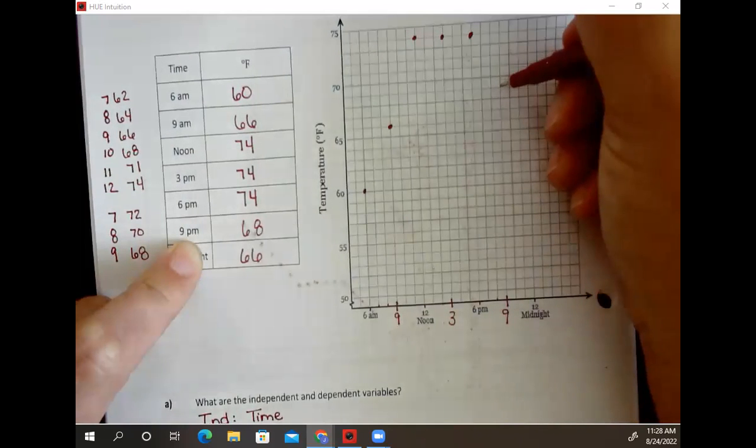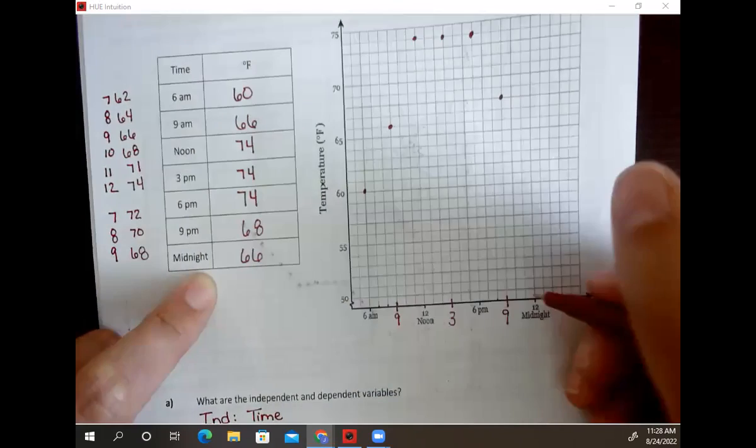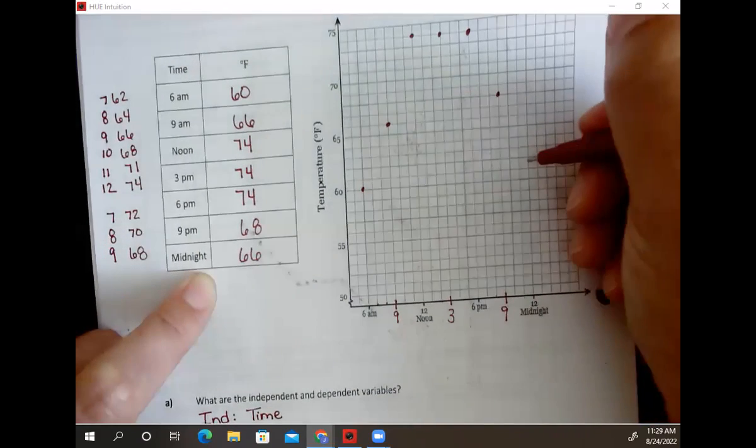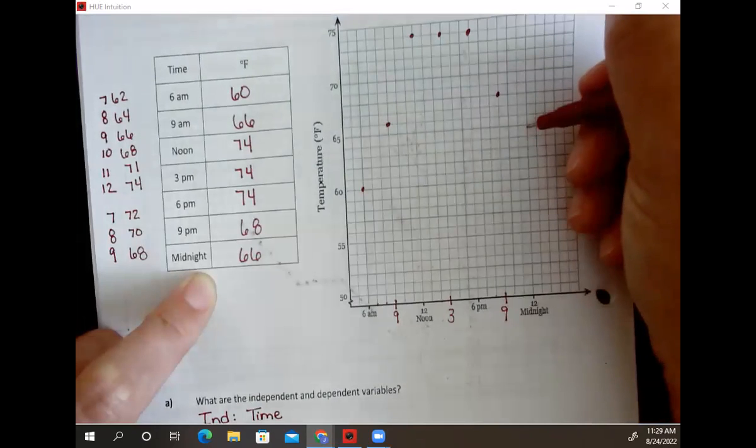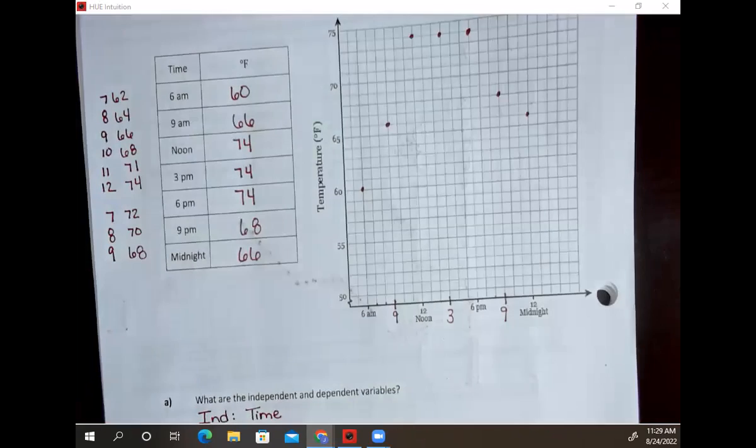That is right here. And then finally at midnight, we're at 66 degrees. So I've plotted all my temperatures.